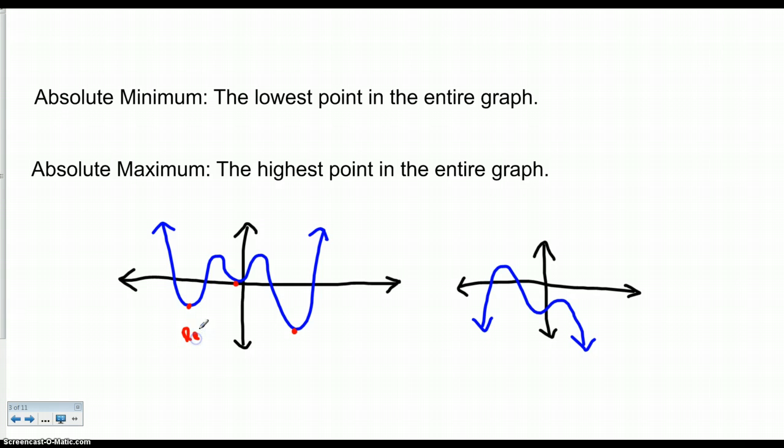So right now, I would say that these are at least relative mins. But when I look at this point, that point looks like it is the lowest point on my entire graph. There are no y values that are lower than it. So I would consider this to be an absolute min. And then I would say these 2 points are maximums, relative maxes.